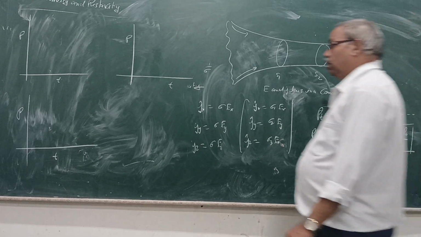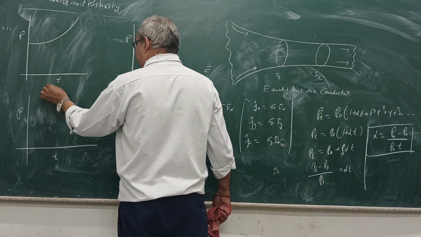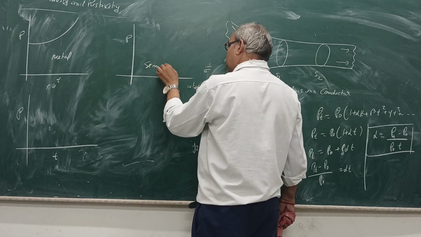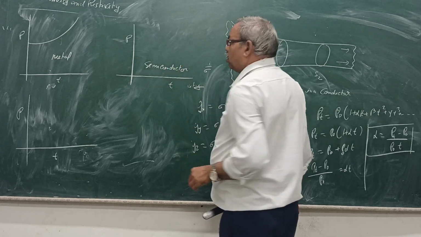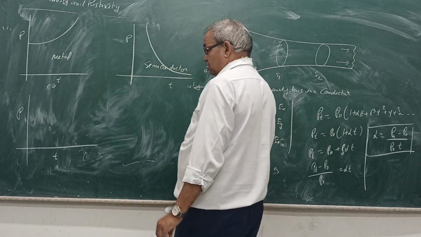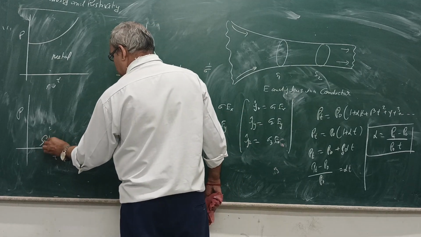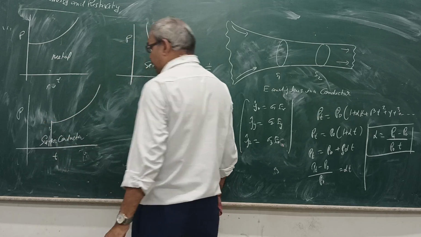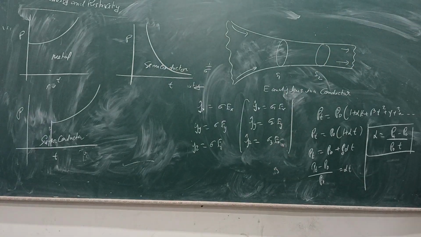This shows the variation of resistivity with temperature for metal, alloy, semiconductor and insulator.